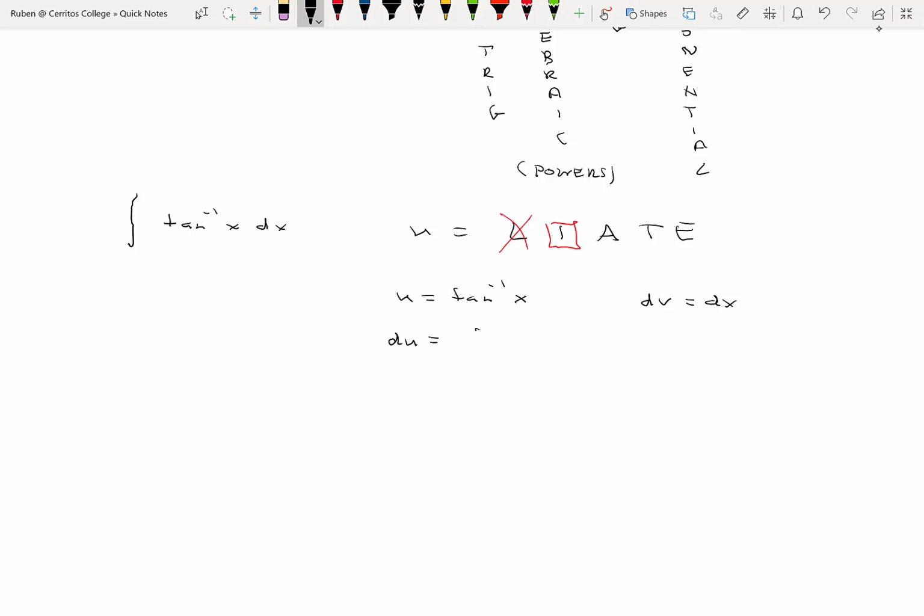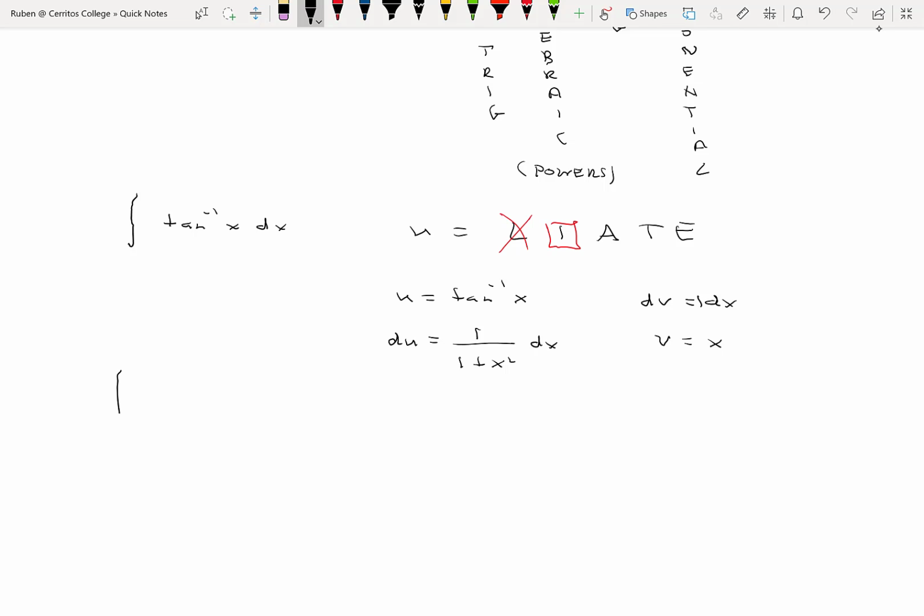du, the derivative of the inverse tangent, is 1 over 1 plus x squared. If I go from dv to v, I find an antiderivative of 1 dx, and I get x. You notice I didn't put the constant of integration in there, so just leave it off until the very end.